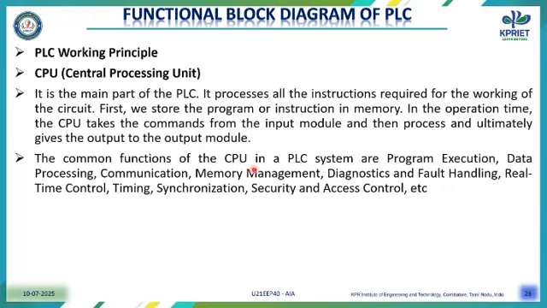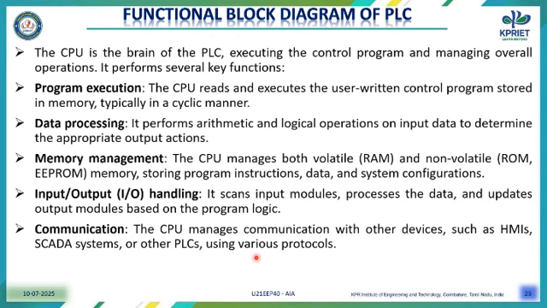The common functions of the CPU in a PLC system are program execution, data processing, communication, memory management, diagnostics and fault handling, real-time control, timing, synchronization, security and access control, etc.